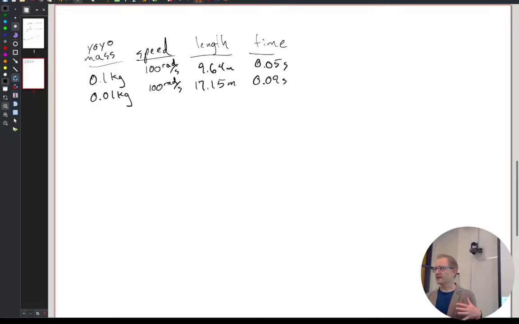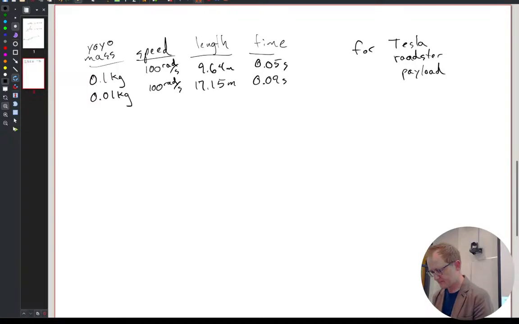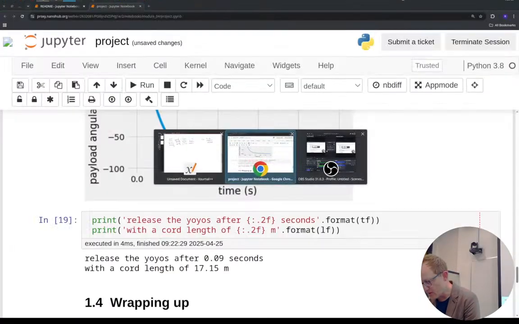Now we've got a table of values that I'm starting, at least, and this is again for Tesla Roadster. Where do we go from here? So we make mass bigger or smaller? What do we want to find out next? Even smaller? 10 times smaller?